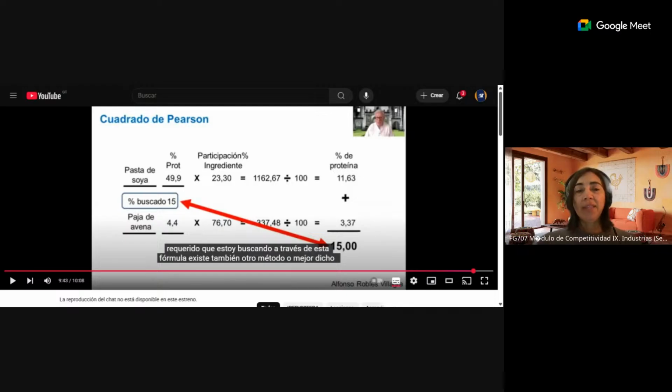We have the protein of the soybean meal and the oatmeal, and we're going to multiply by the answers that we have, 23.3 and 76.7, and divide that by 100. And when you see, this is right, because we have the percentage of protein that represents every ingredient and it accomplishes the 15% that we were looking for.